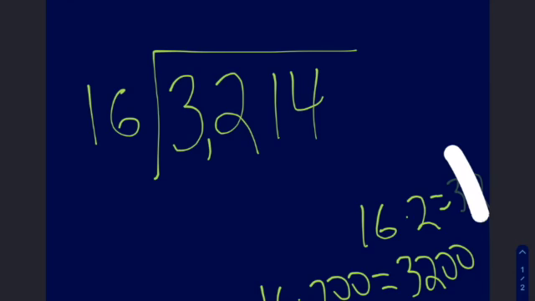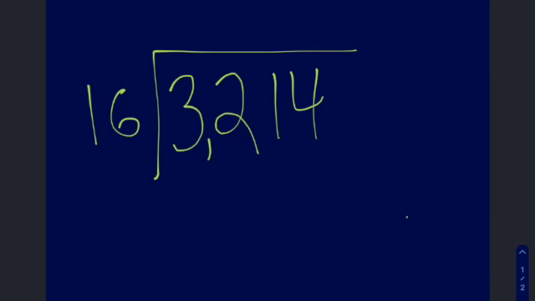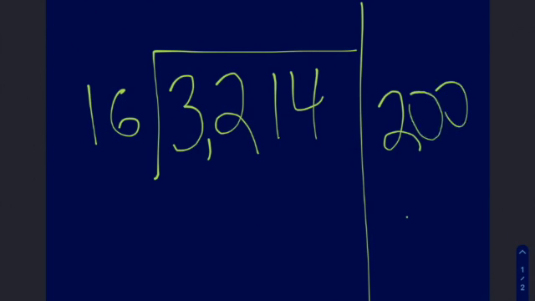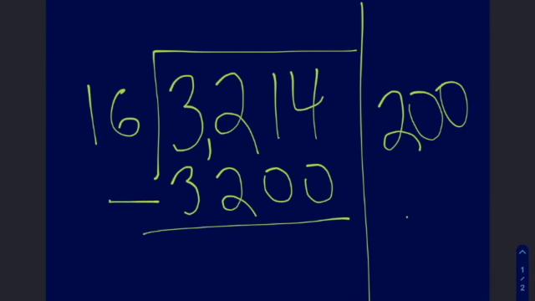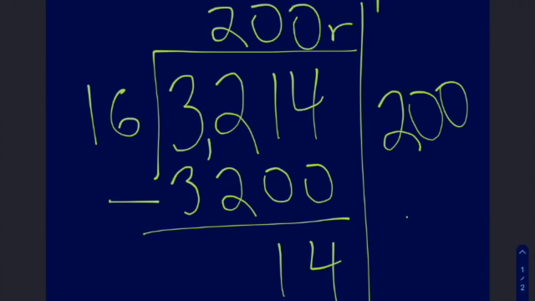So this time around, using that little bit of extra math, I'm going to start with a partial quotient of 200. 200 times 16 is 3,200. When I subtract, I have 14 left over. And there's my answer. My partial quotient happens to be my final quotient this time. Really quick. Okay? Doesn't always work out that quickly.